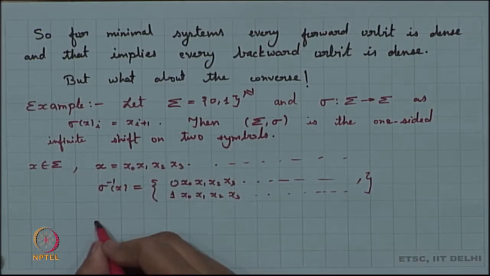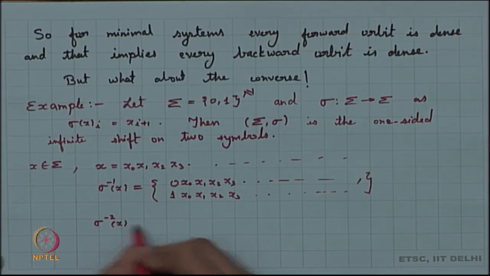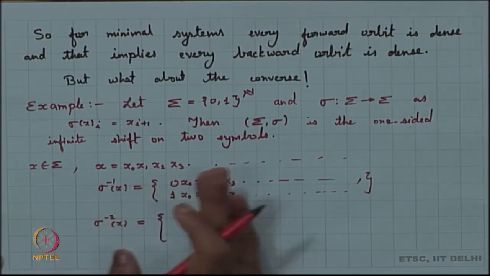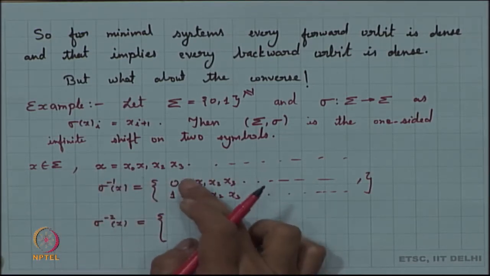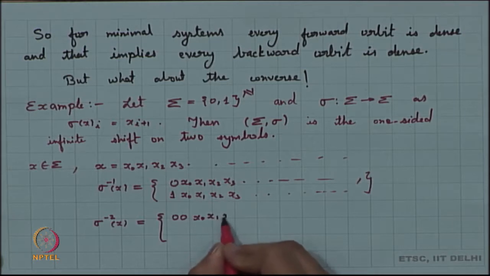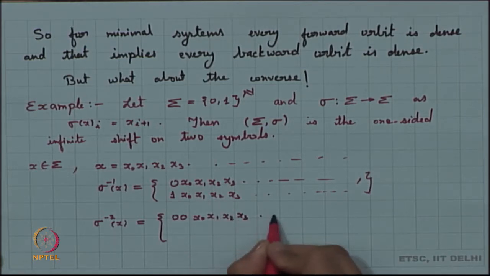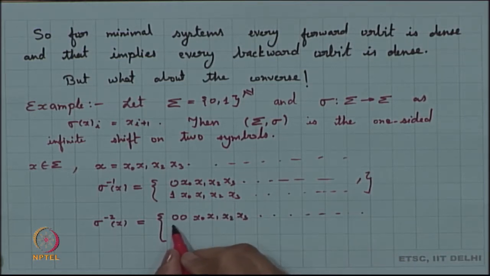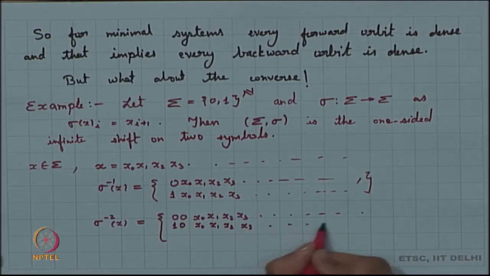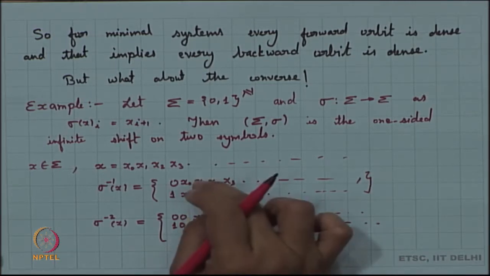What is sigma minus 2 of x? Again I am looking into all those points which under sigma are being mapped to these 2 points. So, I get the sequence 0 0, x0, x1, x2, x3 and so on, then 1 0, x0, x1, x2, x3. These are the 2 points which map under shift to the first point.